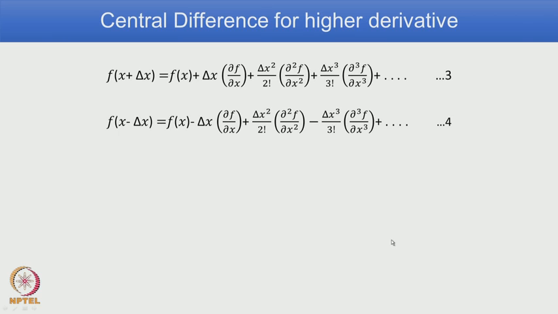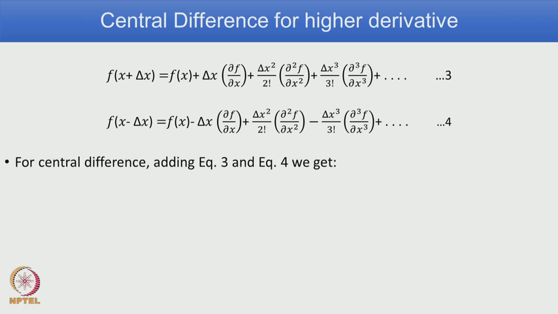You can also obtain the central difference scheme for the same second derivative. So, again we write down the Taylor series expansion in the forward direction as well as in the backward direction, and we do the arithmetic operation: add equation 3 and equation 4.